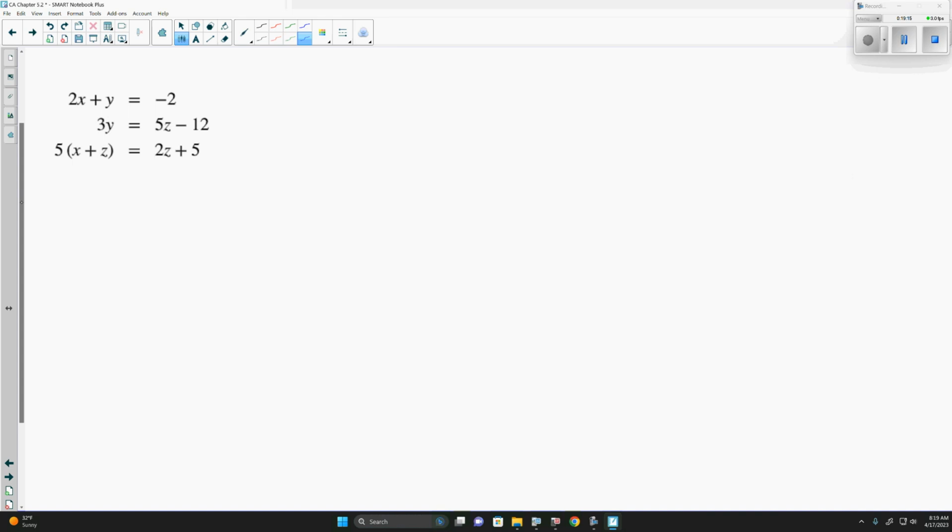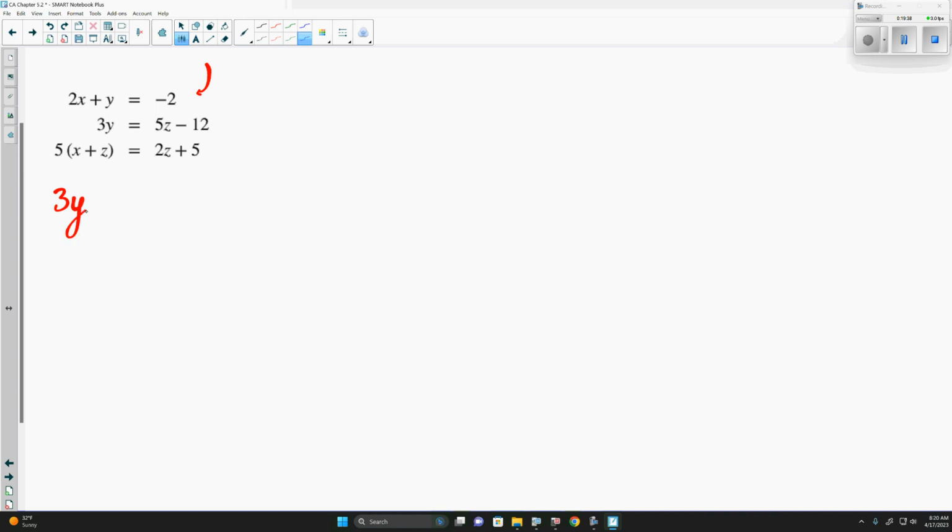So this one here, it's going to be very helpful to get these equations into a more standard form than what they are. Now the top equation is fine as it is. We have x and y on the one side, our constant term on the other. However, the other two are not in that form.